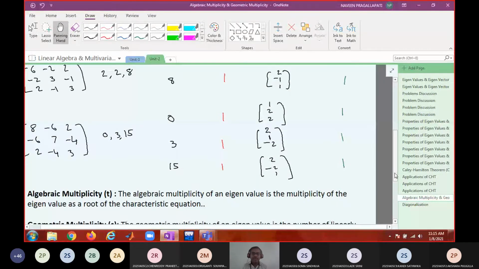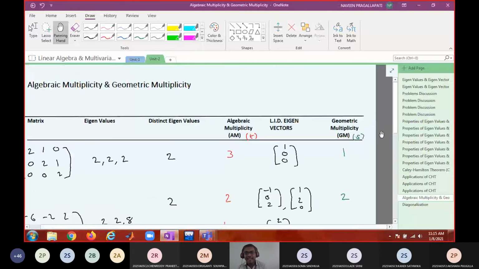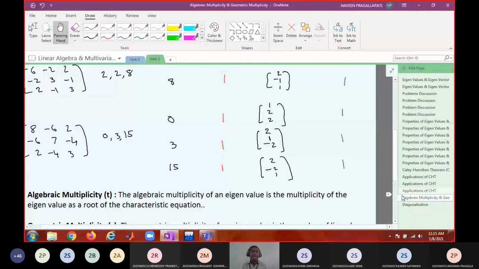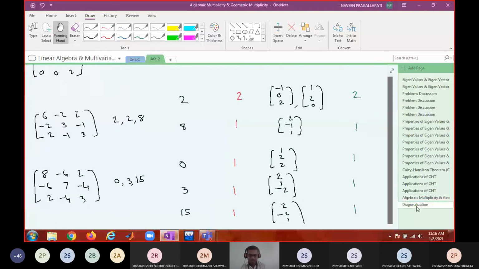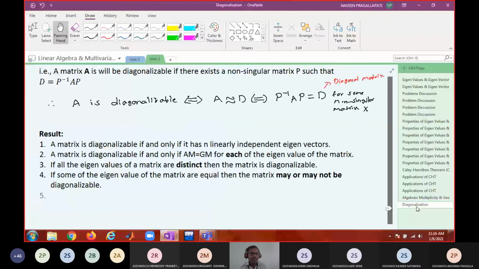So when you put the question, is the matrix diagonalizable, the answer for the first matrix is no. For the remaining two matrices it is yes and yes. Is this clear? Okay. Shall I proceed?